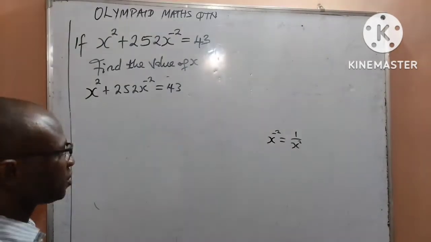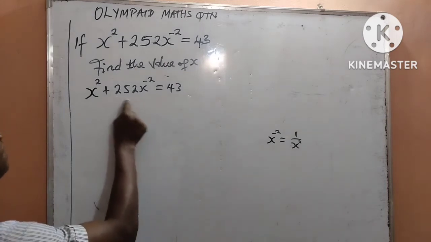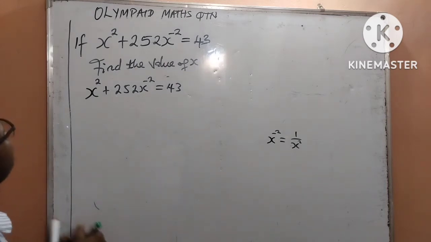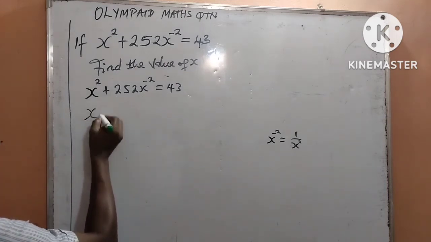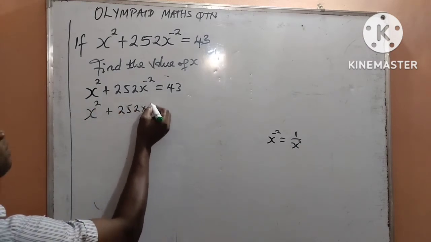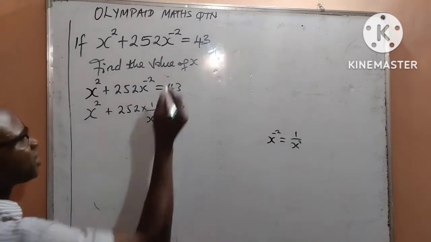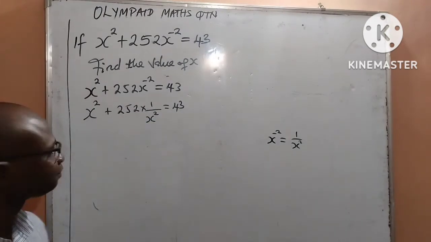This is by the law of negative power index. Therefore, I shall apply it here, and my first step shall be x to the power 2 plus 252 multiplying 1 all over x to the power 2 equal to 43. This is the first step.